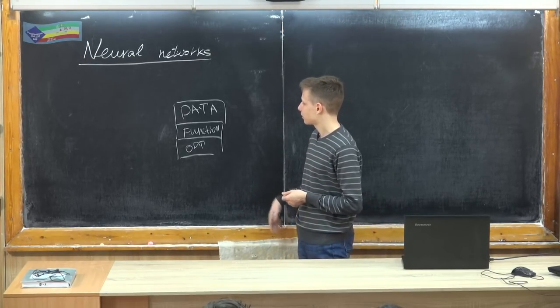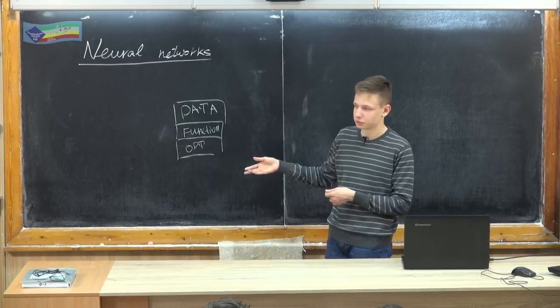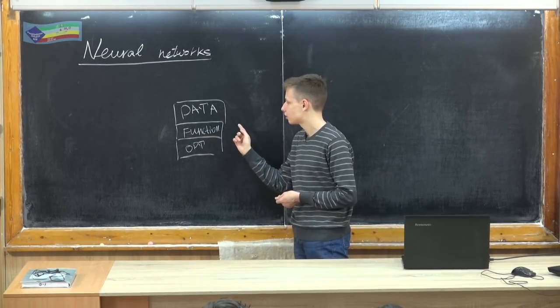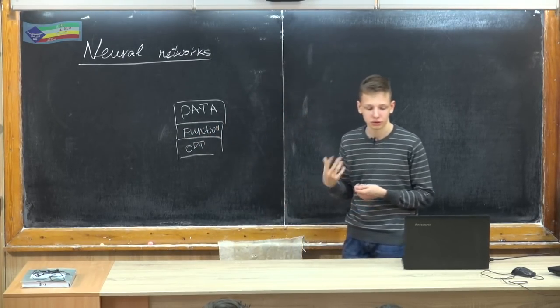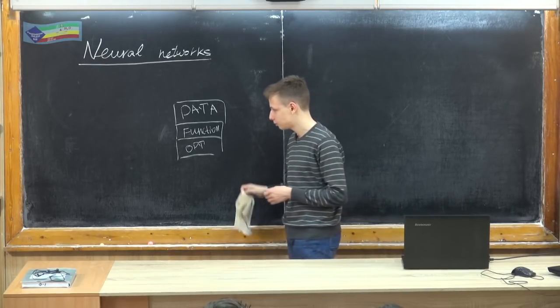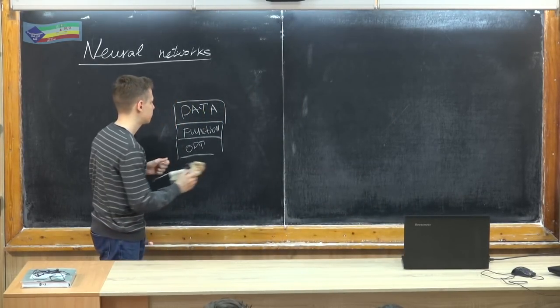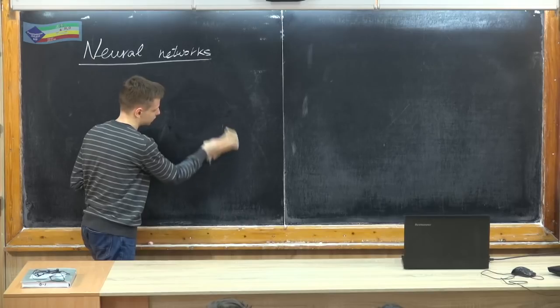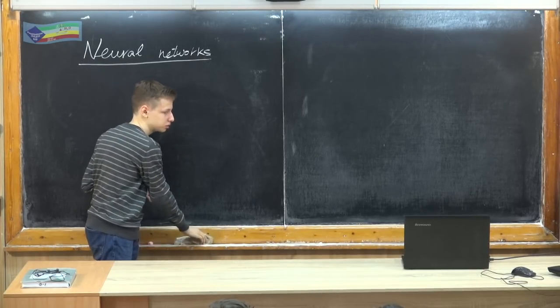But we talked a lot about optimization, and we still don't know how to find this function and how to define it. In the previous lecture, we talked about linear regression, and this is something similar to it.